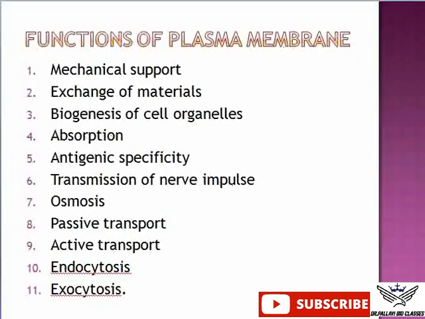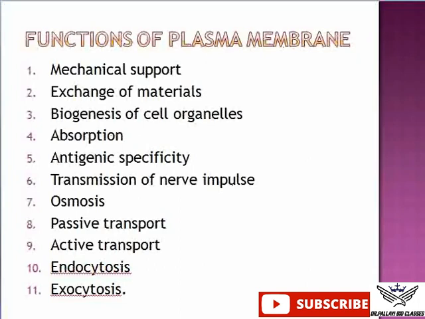The next function is osmosis. Osmosis means the movement of water from the higher concentration to the lower concentration. In this way, it maintains the balance between the osmotic pressures of the internal and external fluids of the plasma membrane.